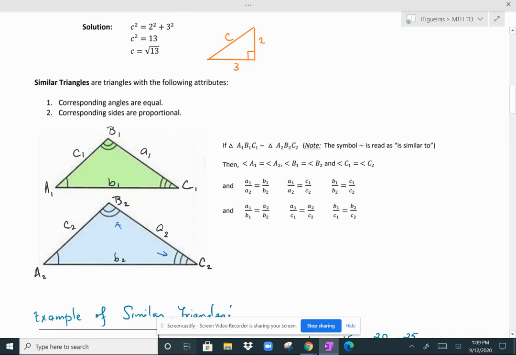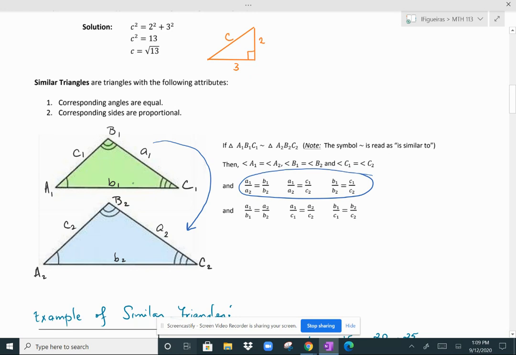All right, so the first set of proportions that we set up here are showing you that a sub 1 corresponds to a sub 2 because a sub 1 and a sub 2 are opposite of angle a sub 1 and angle a sub 2, which we have already established are equal.